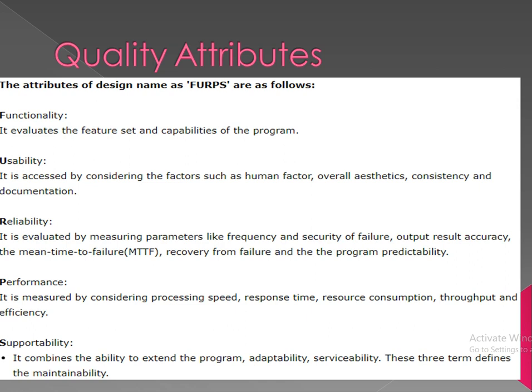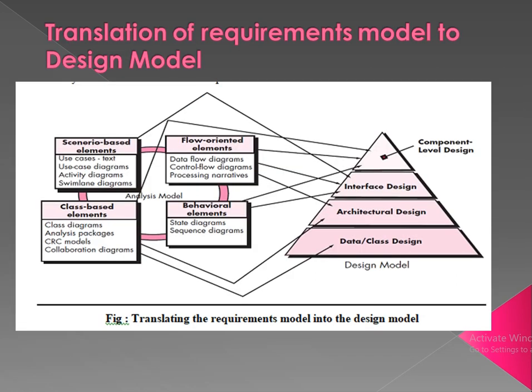If you observe this diagram, it simply tells the translation. You can observe the scenario based elements, flow oriented elements, class based elements, and behavior elements. These are the four important parts of the requirements gathering stages.